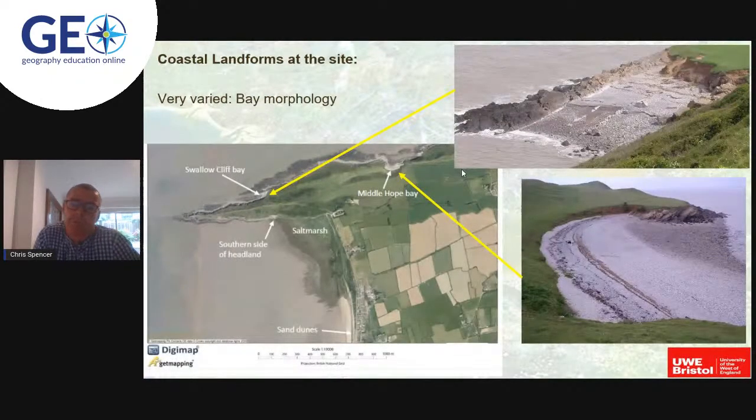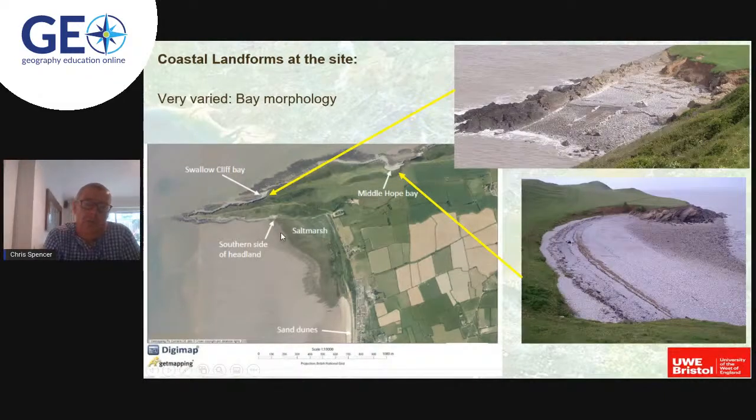I've just got a few images here that we're going to come back and look at, each of these sets of coastal landforms, and try to start to explain the variation that we have and understand how we end up with different types of landforms. So we have different bay morphologies, different bay shapes here. On the northern edge of the headland, we have Swallow Cliff, this very narrow kind of slot cut into the rocks.